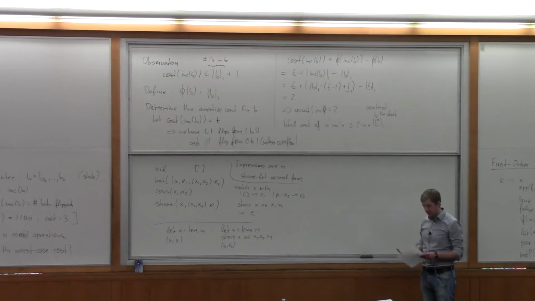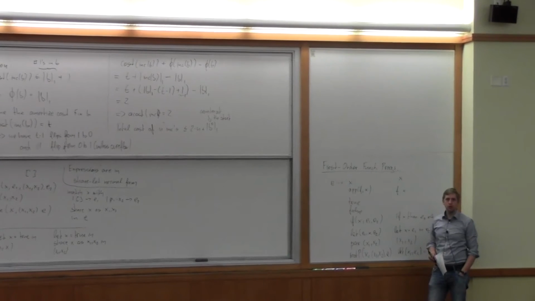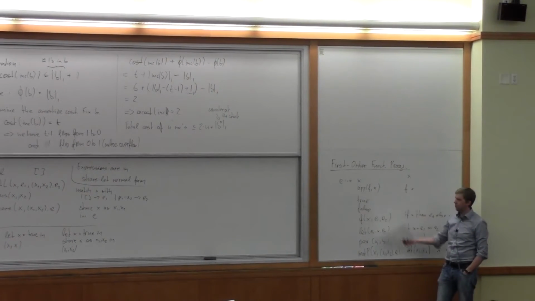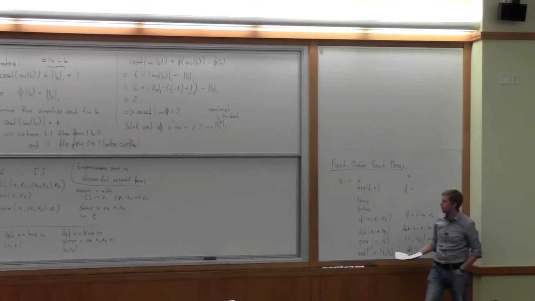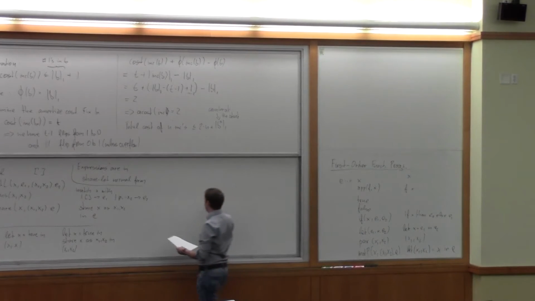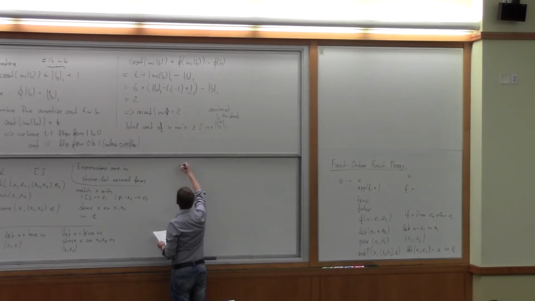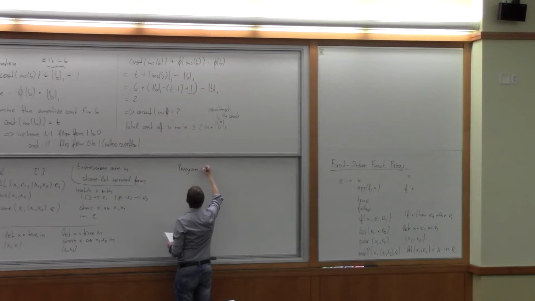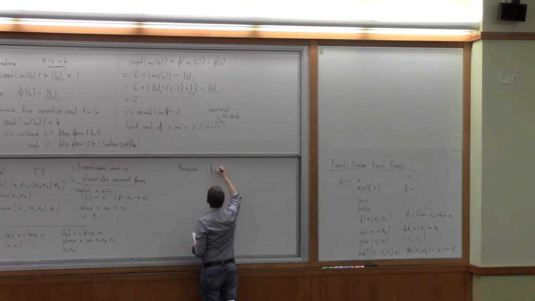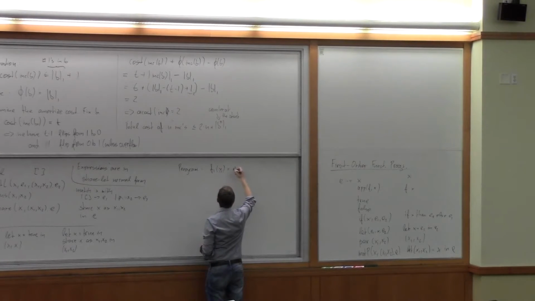Good. And the other thing I have to say is, where do these functions f come from here? Because they are different from the variables, and you see there are no lambdas in the language, so you need a way to introduce them. So a program, and I'll define what that is more formally, is simply a list where you have a function, and then you have the function body that only has the y1 as a free variable.